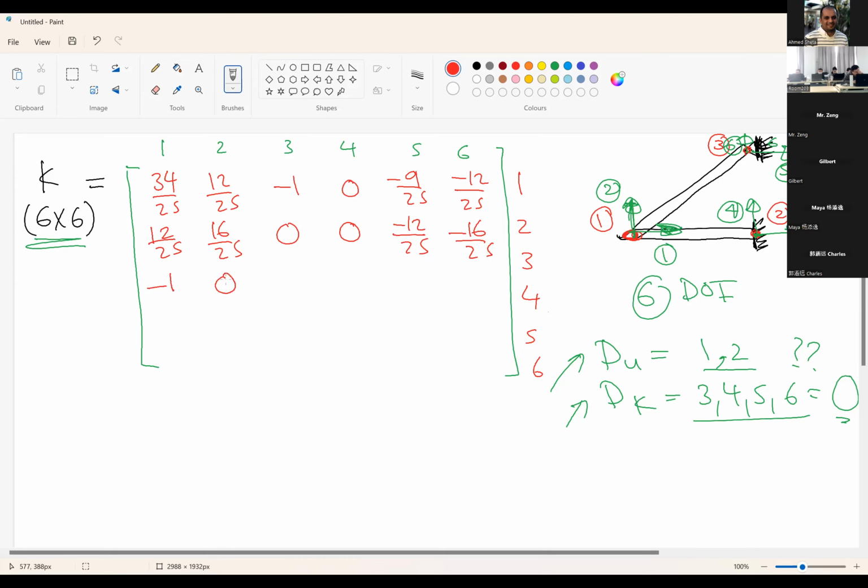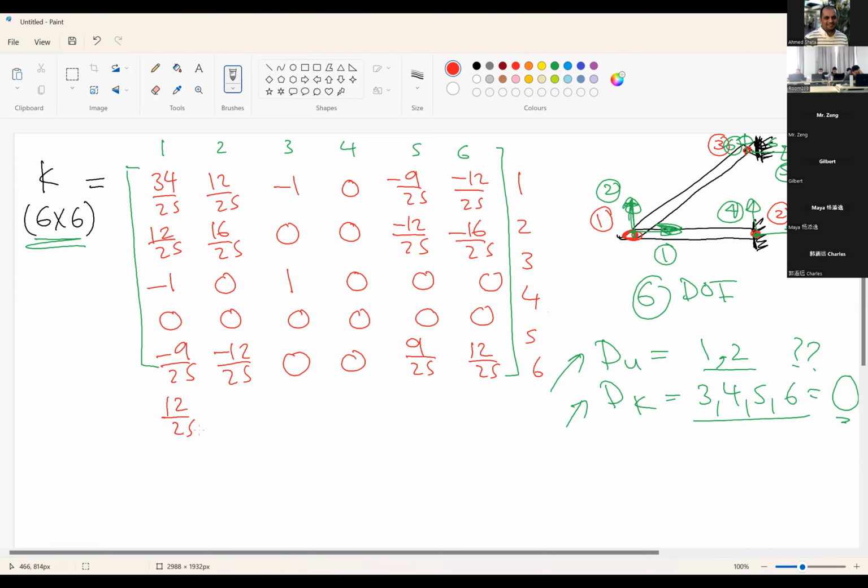Then negative 1, 0, 1, 0, 0, 0, and so on. Then negative 9 over 25, negative 12 over 25, 0, 0, 9 over 25, 12 over 25.